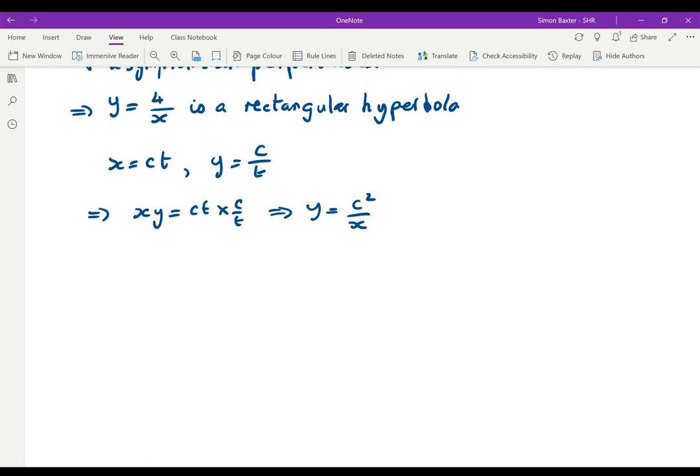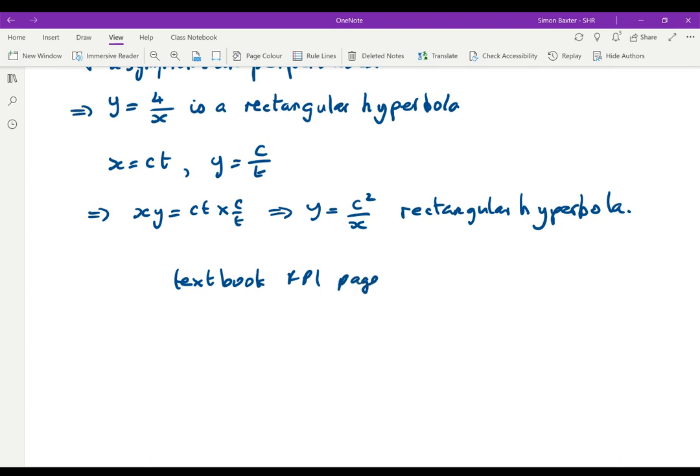That is the standard Cartesian equation of a rectangular hyperbola. You can find all this in your textbook, FP1, on pages 41 to 44.